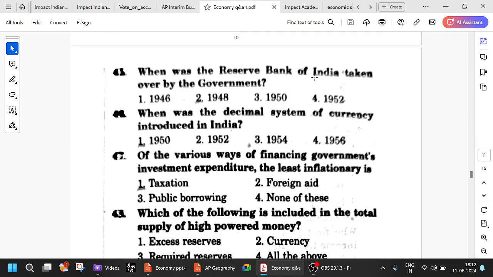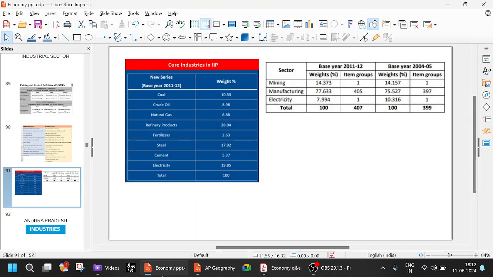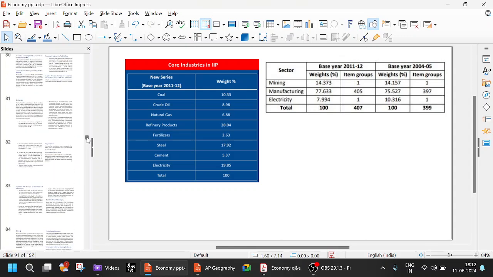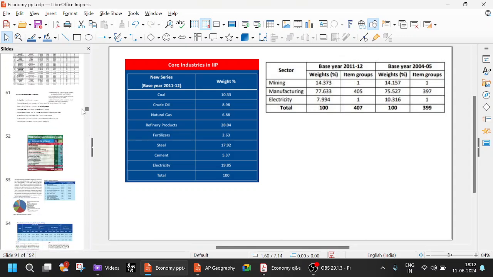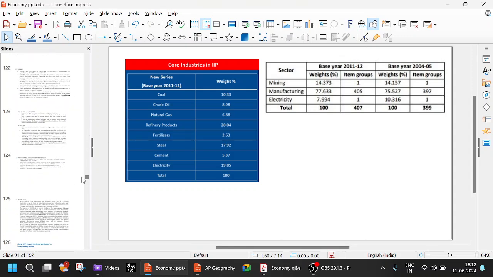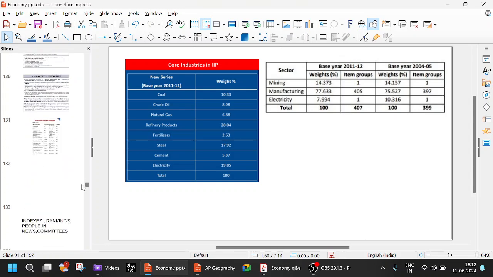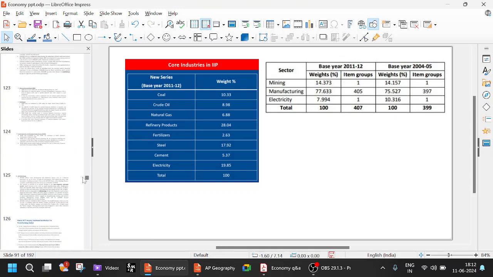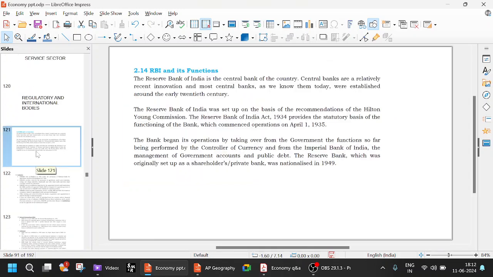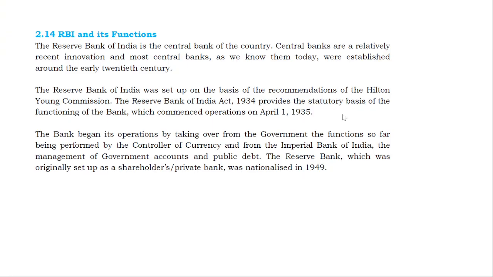So when was the Reserve Bank of India taken over by the government? We have already seen the Reserve Bank of India. Previously it was the Imperial control of currency and the Imperial Bank of India and all those things.